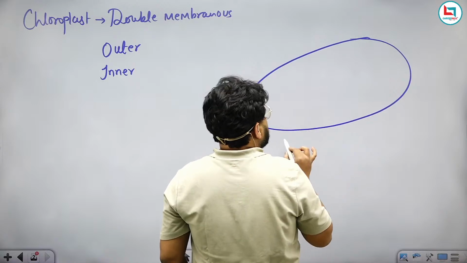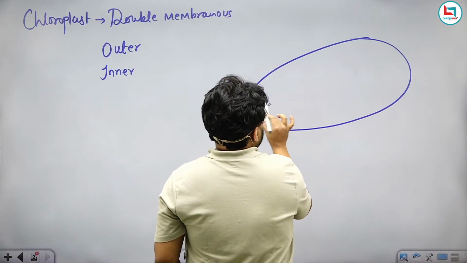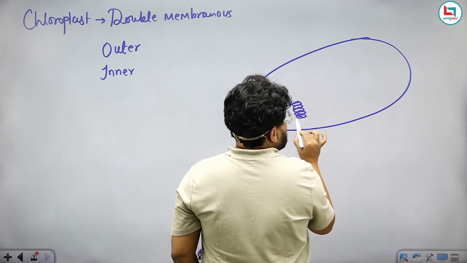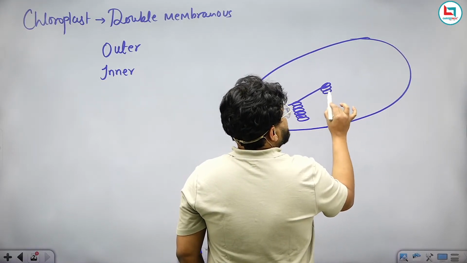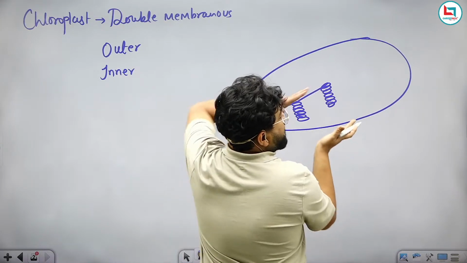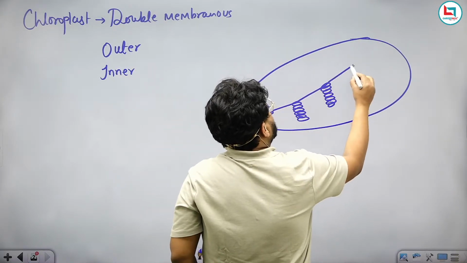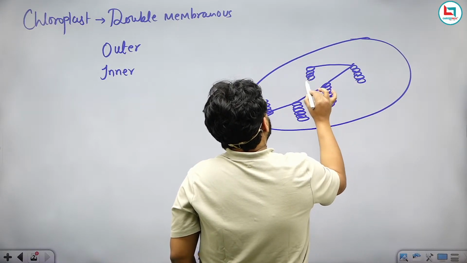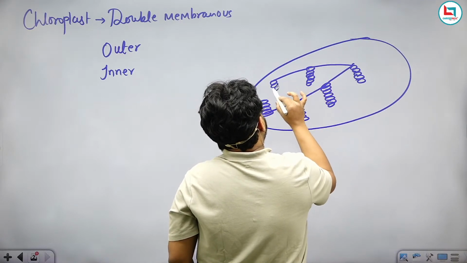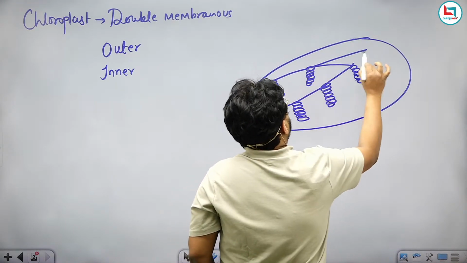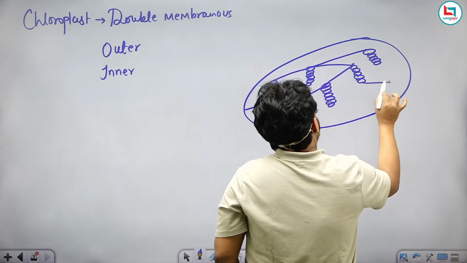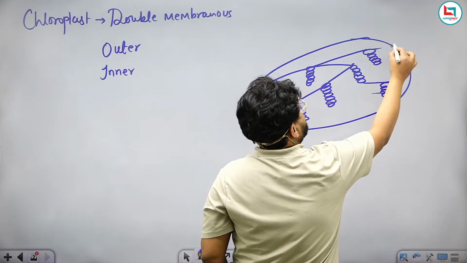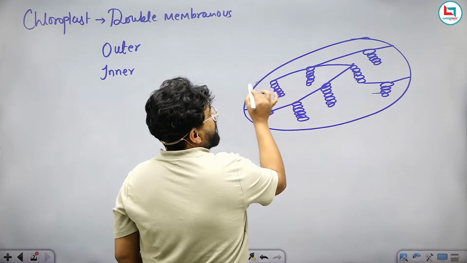Its outer membrane is continuous, while the inner membrane is in the form of folds, and these membranous folds look like coins stacked upon each other. So these are the inner membrane which is discontinuous or in the form of folds.